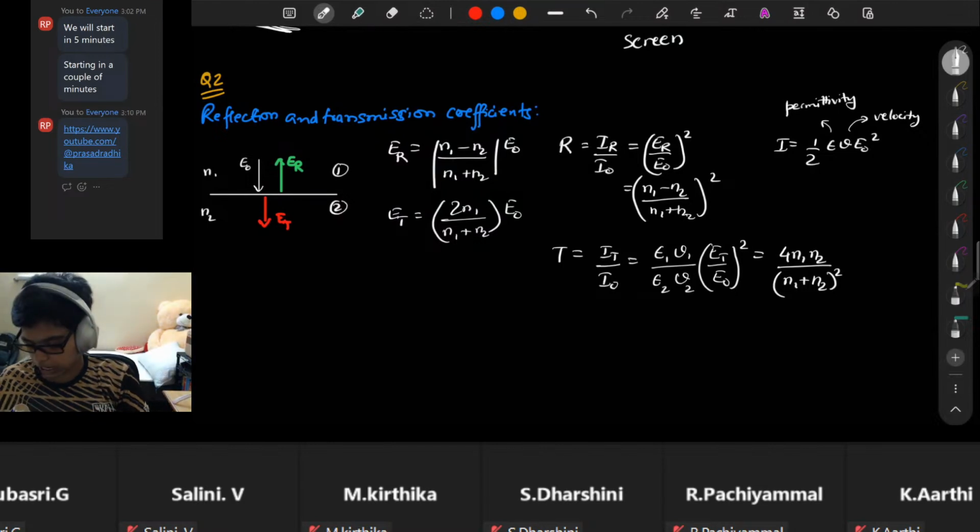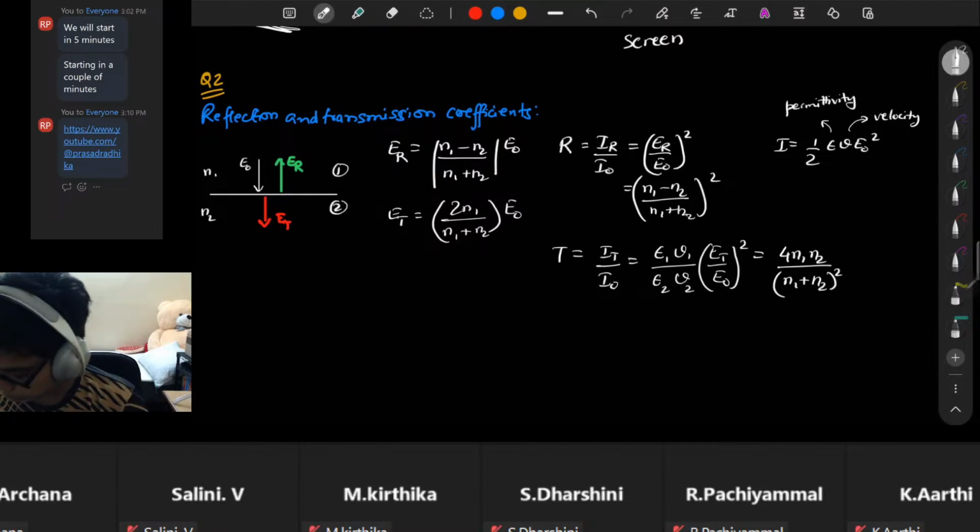In this book, if you go to chapter 9, you will see these terms and the derivation for each of these terms over there. So from there only I'm writing these things down.